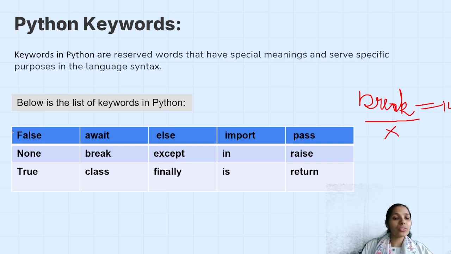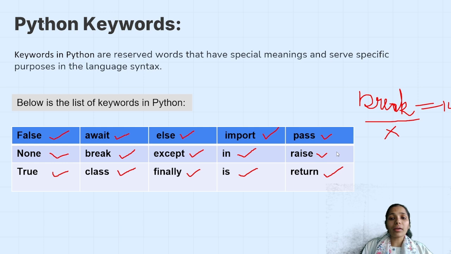So here is a list of some reserved words: False, None. False is a boolean value, True is a boolean value, await is to make any function wait, break is a statement, class is the name of the class, else is the else statement, except is for exception handling, finally, import is if you want to import any library, then we have in, which we use in a for loop, is, pass, raise, and return statement if you want to return anything, and much more.